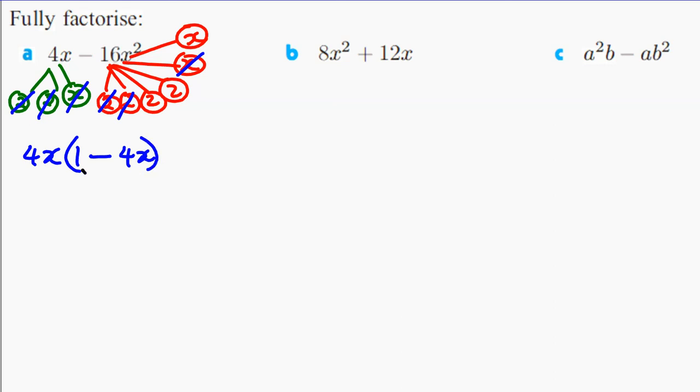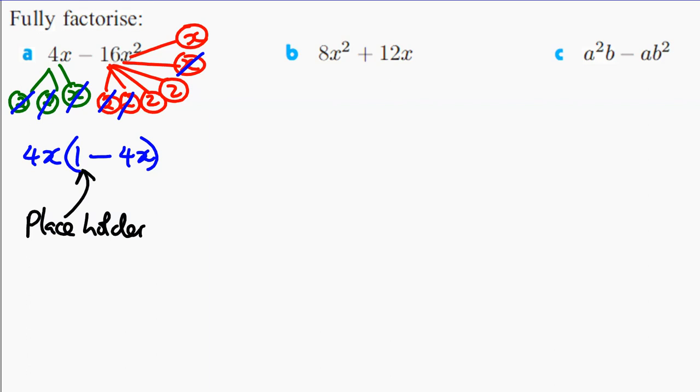Now this 1 here is what we call the placeholder, because if I didn't write anything and then expanded this, I would not get back the original question. If I expand this, 4x multiplied by 1 is 4x, and 4x multiplied by 4x is 16x squared.